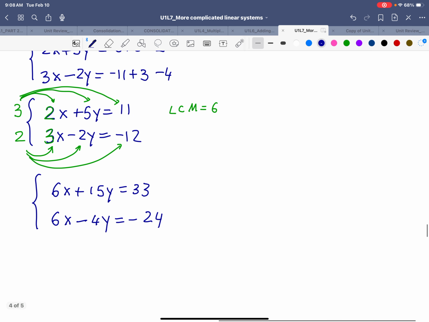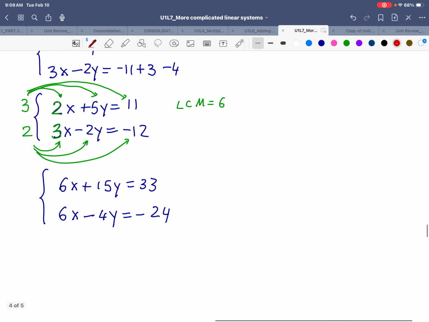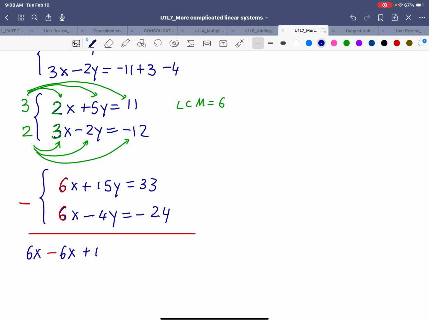Ready to eliminate this time because the coefficients are exactly the same. We will eliminate by subtraction. So subtract the equations. We have 6x minus 6x plus 15y and then minus negative 4y and 33 minus negative 24.